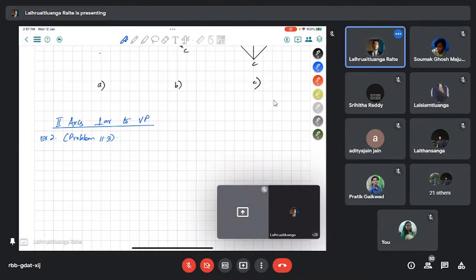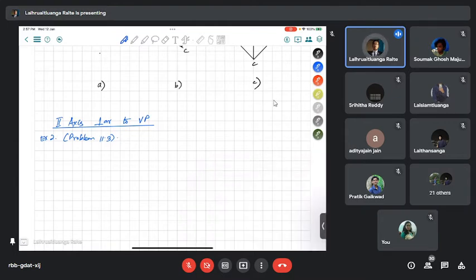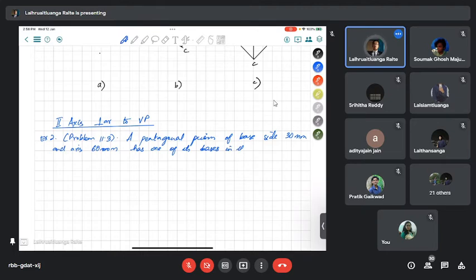All right. So in this problem, we have a pentagonal prism of base side 30 mm and axis 60 mm, which has one of its bases in the VP.